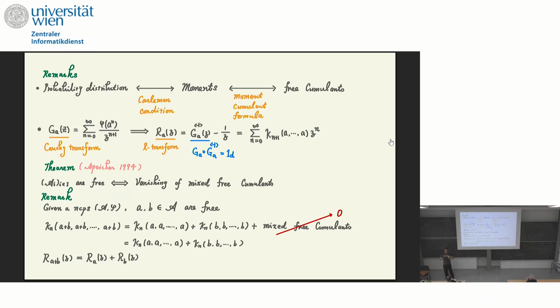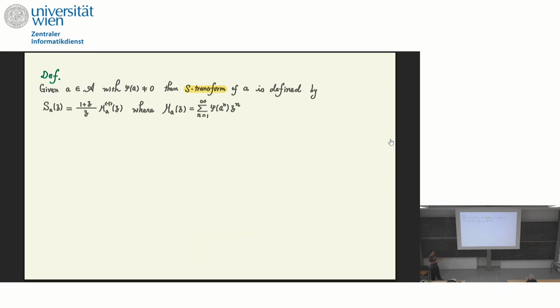Now this talk is focused on the product of two free random variables. So let's start with a notion called the S transform. For the S transform, if you have a non-commutative probability space and you're given an element A, we assume phi of A is non-zero.